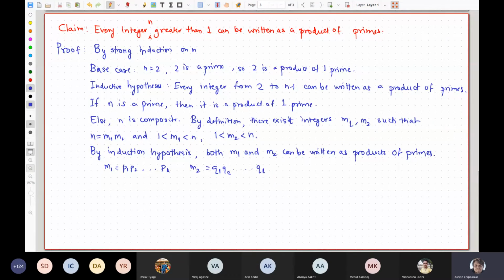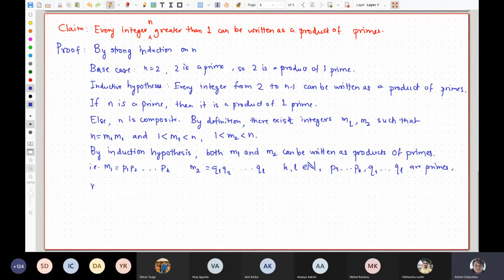Up to some ql, where k and l are some natural numbers, and p1 through pk, q1 through ql are primes, right?